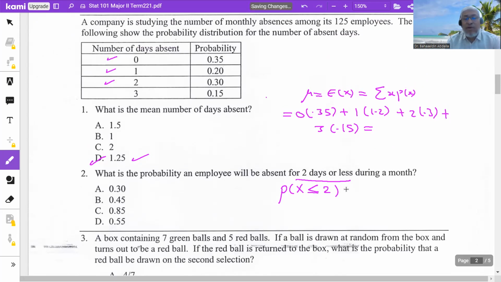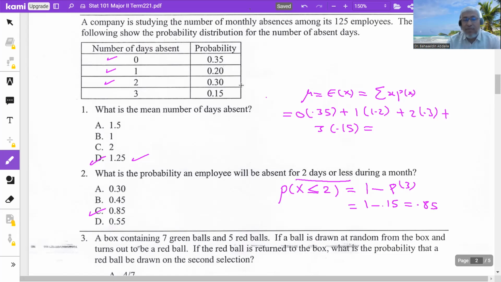You can find this probability by adding 0.35 plus 0.2 plus 0.30, or you can just say 1 minus the probability of 3, which is 1 minus 0.15, which is 0.85, and C will be the correct answer.